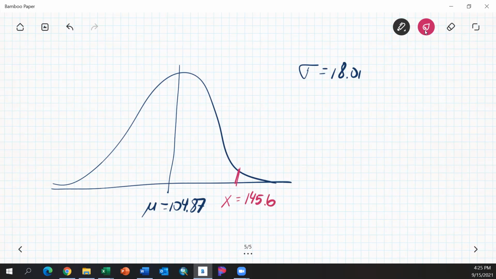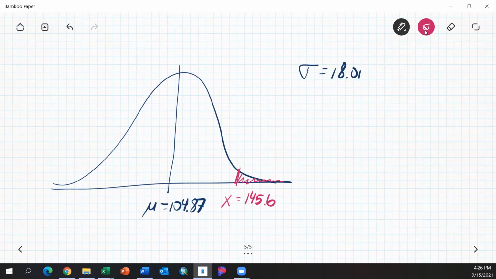The graph, even if not to scale, will be helpful. We'll first solve this problem by hand, and then we'll look at tools in Excel that will let us solve it faster, but not always as intuitive. In this problem, we want to find the area of the right tail above 145.6. This area is the probability that a state has a higher cost of living than California.